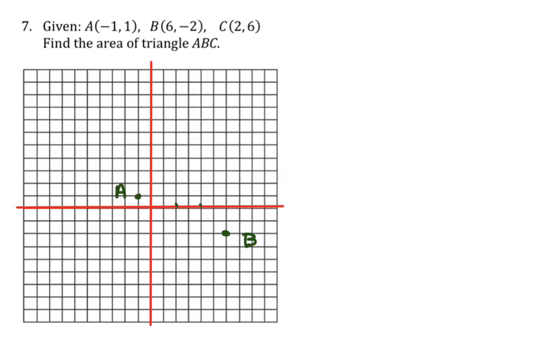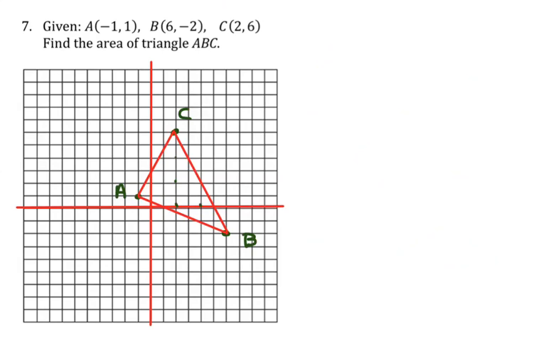So there will be B, and then third one is 2 comma 6. So that will be my triangle.